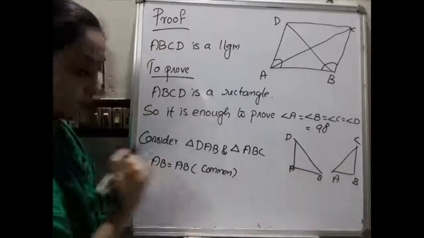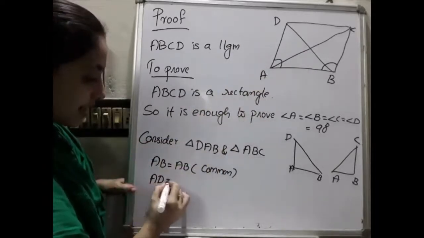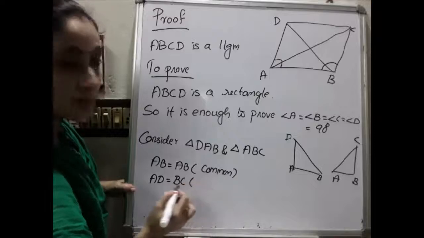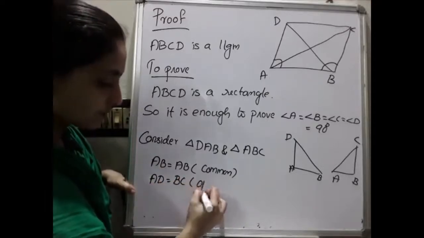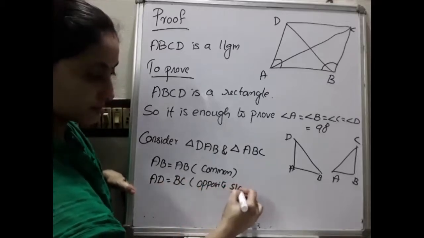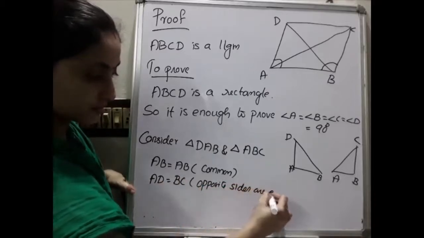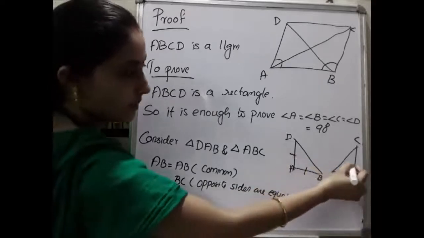AB is common to both. Then AD is equal to BC. Why? Because being a parallelogram, opposite sides are equal. So we got this one equal and this one equal.